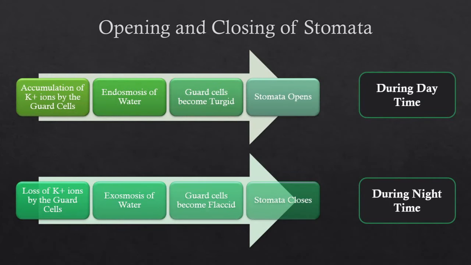Now this particular slide explains the opening and closing of stomata. For the opening of the stomata, typically during the daytime, what happens when the stomata needs to open, there will be accumulation of K plus ions by the guard cells. As you saw in the previous slide, the guard cells will start accumulating K plus ions.